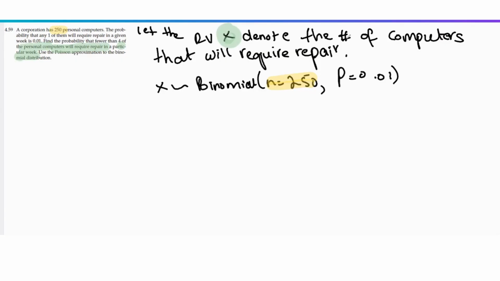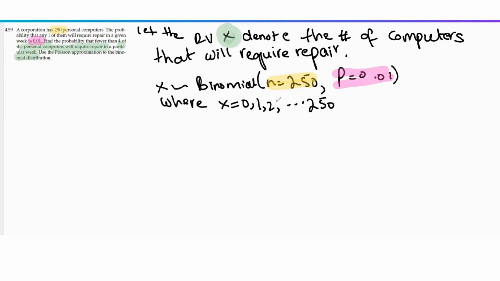So this is x, and we know a binomial random variable takes values starting from 0, 1, 2, and so on till n, because these are the maximum number of successes that you can have. So this is our p, which is 0.01.